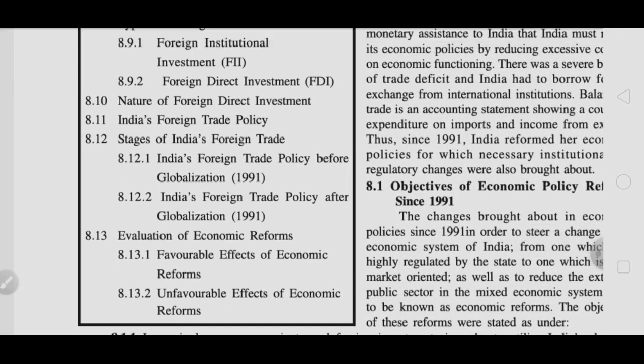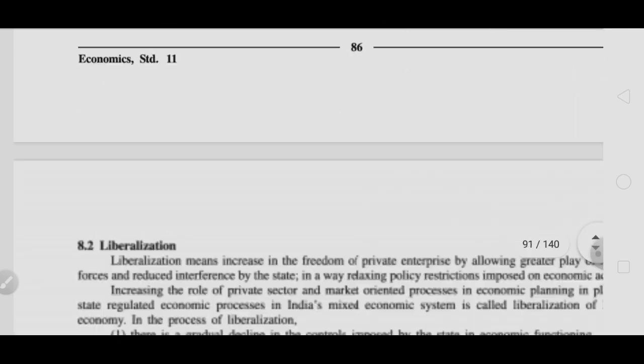Then we'll have the nature of foreign direct investment, India's foreign trade policy and India's foreign trade, which are divided into two parts, that is, foreign trade policy before globalization and after globalization. And lastly, we'll discuss the evaluation of economic reforms, that is, the favorable and unfavorable effects of economic reforms.